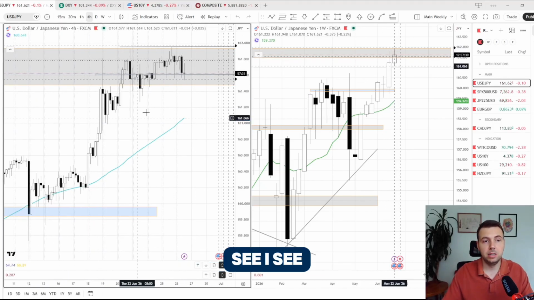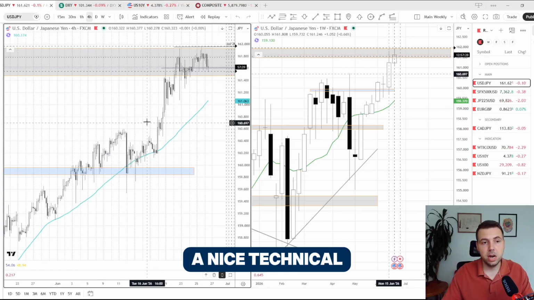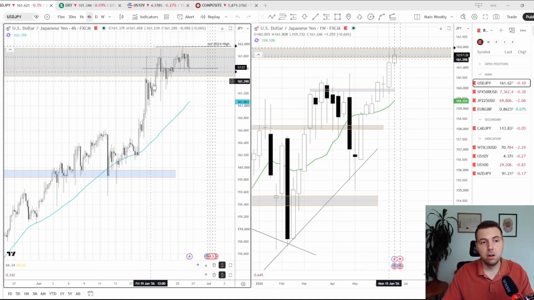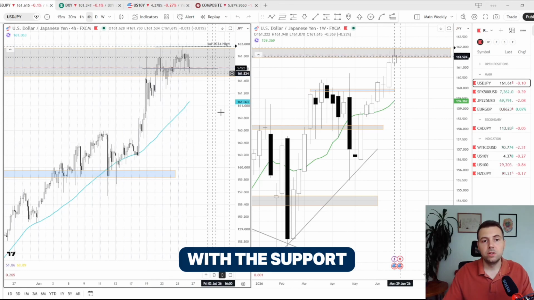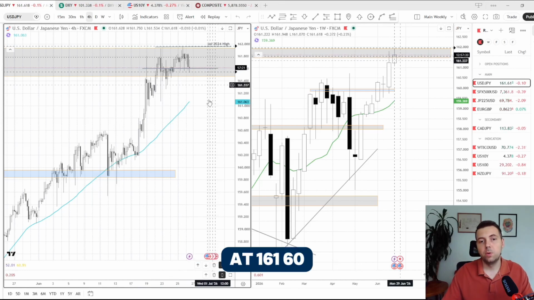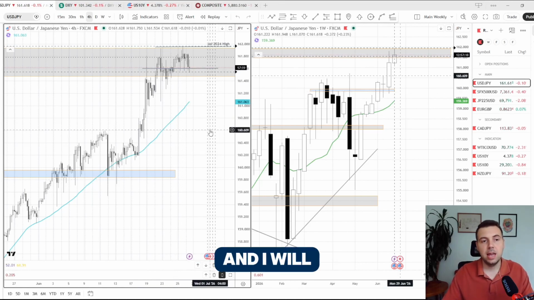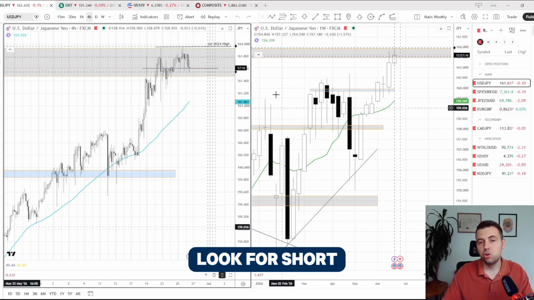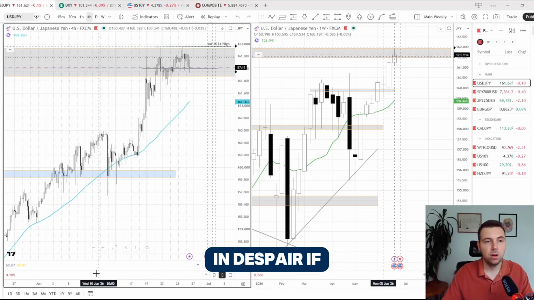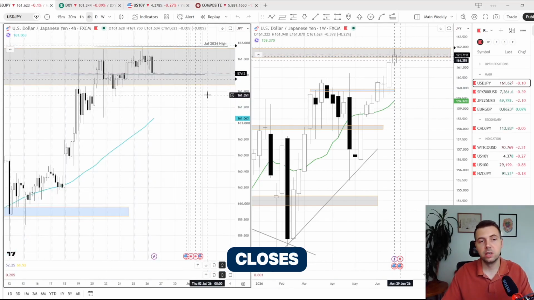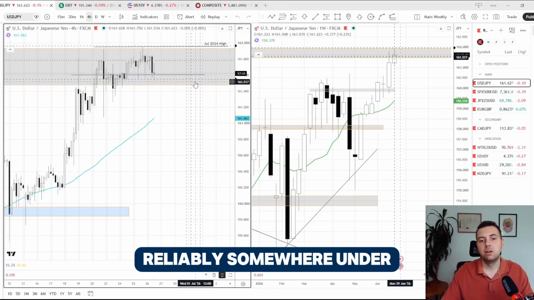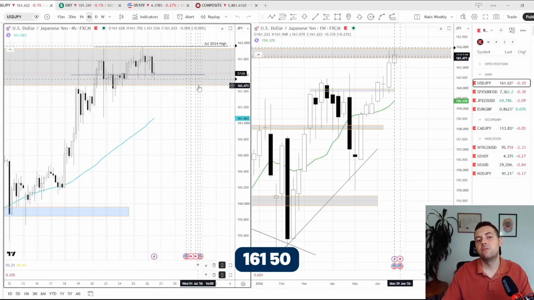However, I see a nice technical pattern forming here with the support area at 161.60, and I will look for shorting this pair if the 4-hour chart closes reliably somewhere under 161.50.